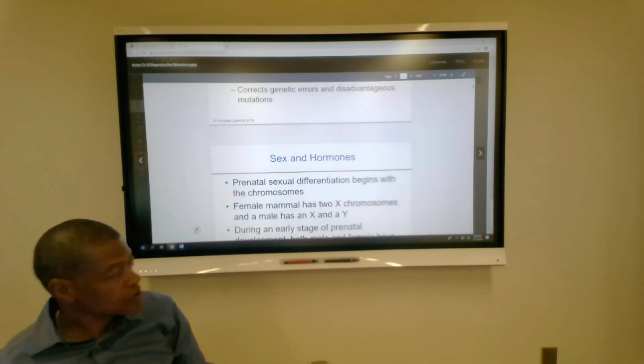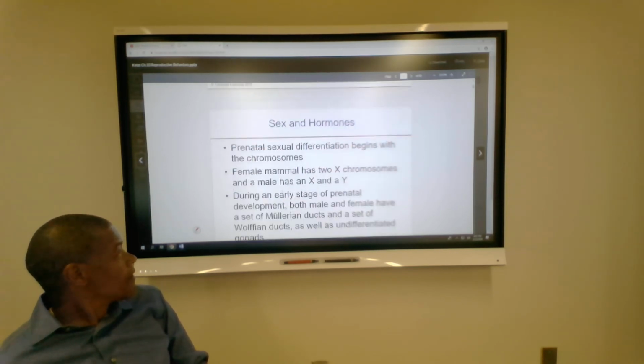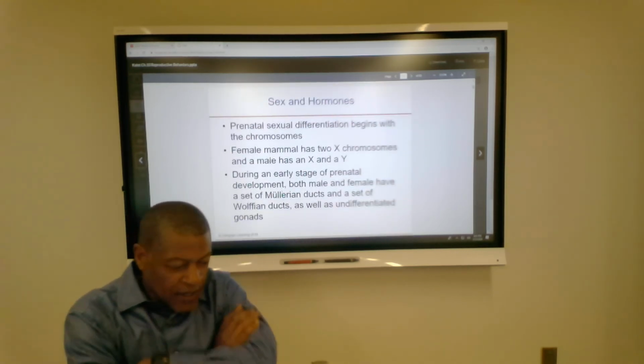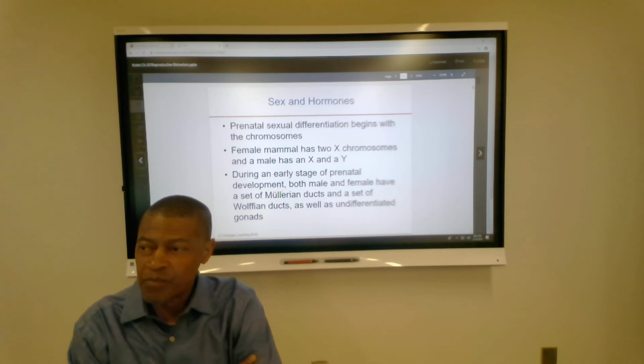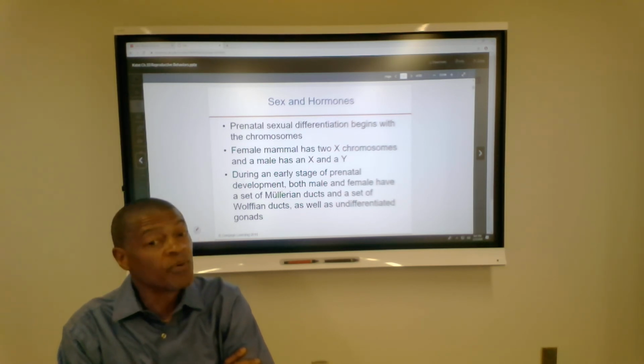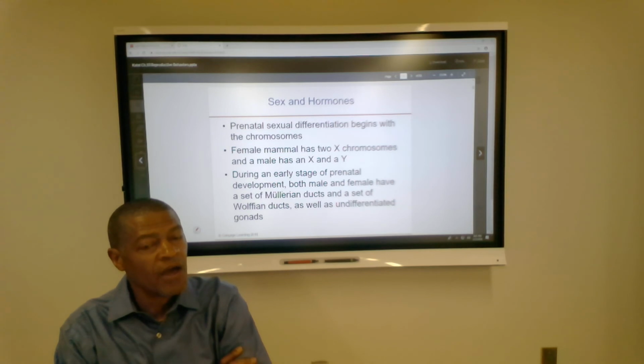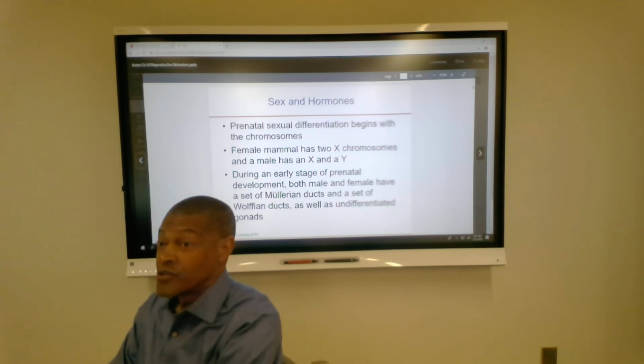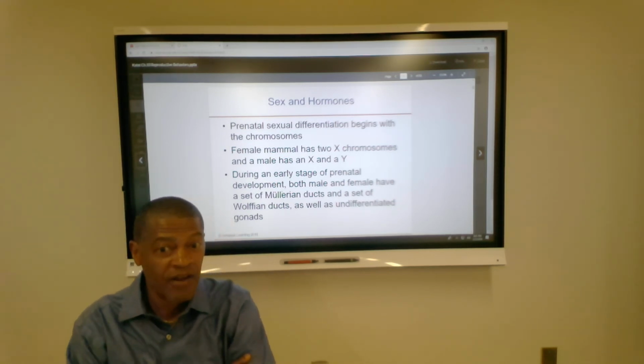So for sex and hormones, for men and women, and just the reality of chromosomes, we have 46 chromosomes, 23 pairs, which makes 46 altogether when they come together.